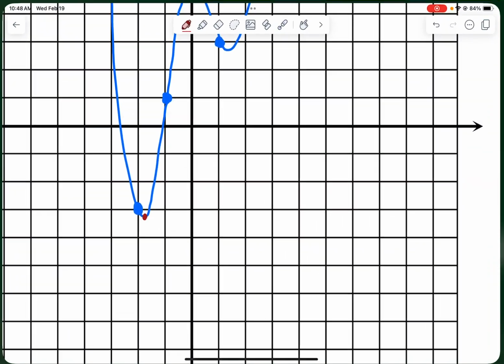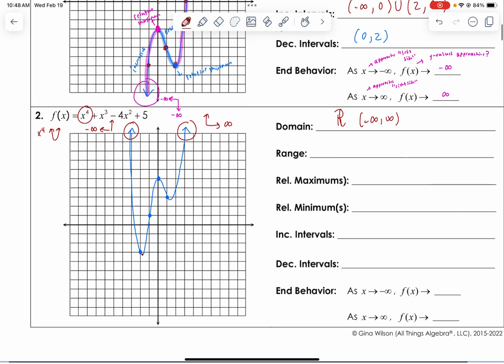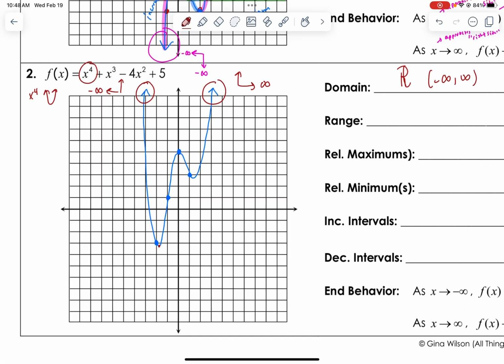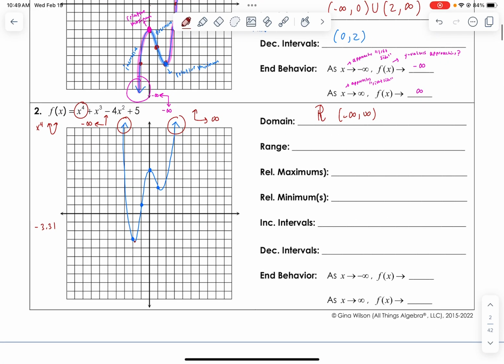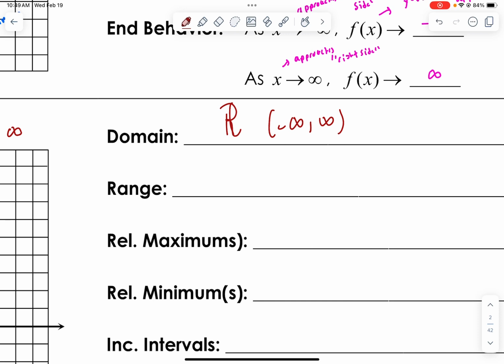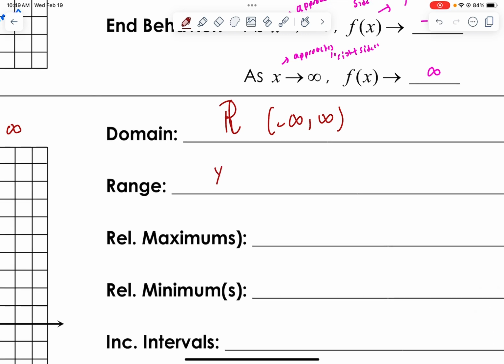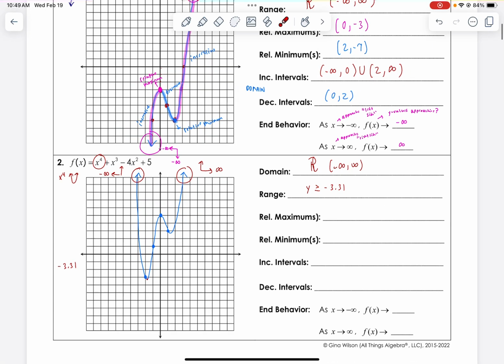So here, we'll round that to about -3.31 for the y value. So for the range, we can say that y must be greater than or equal to -3.31. Since that is our lowest y value, anything above that would work for a range.